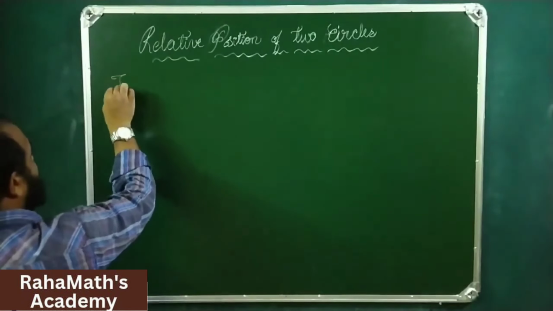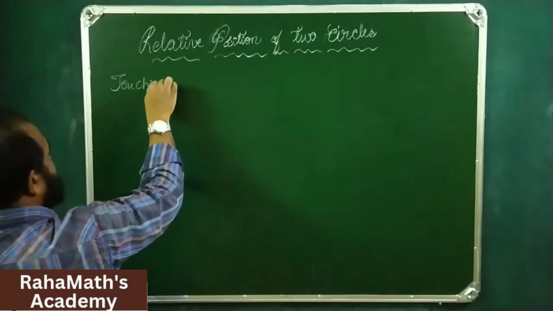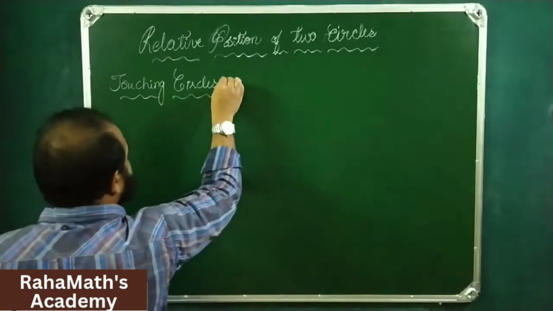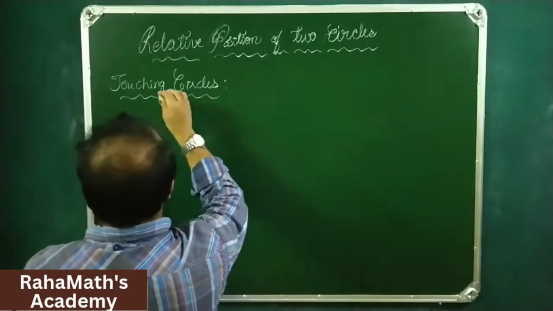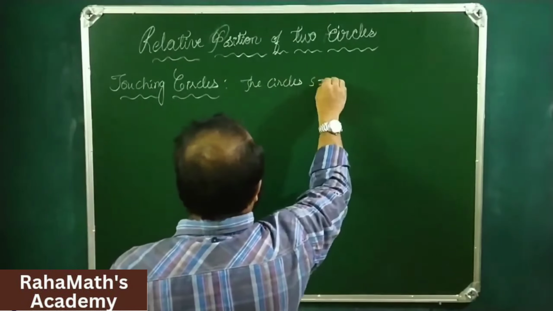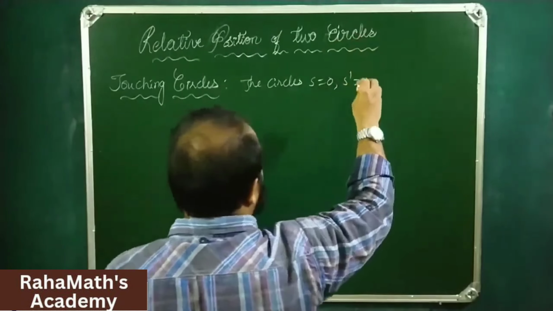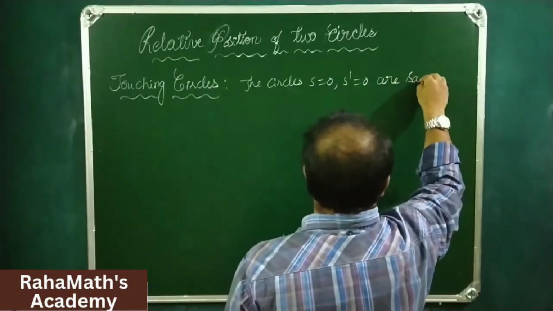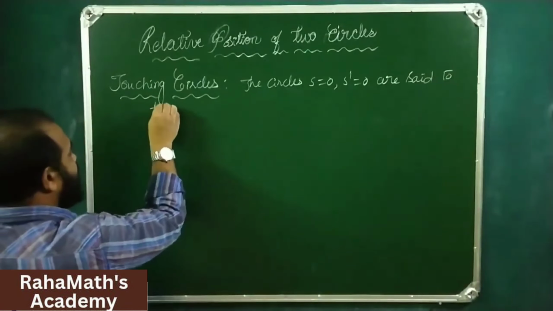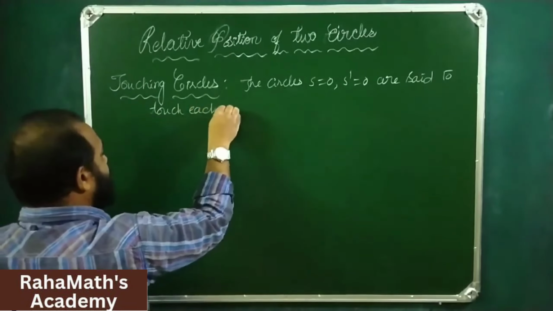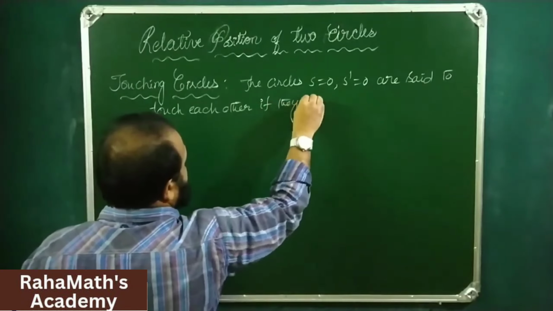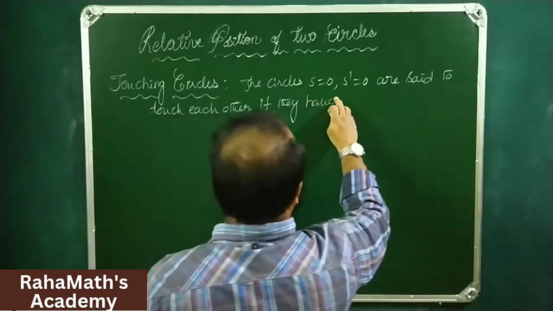So first of all, what are called touching circles? Two circles S = 0, S' = 0 are said to touch each other if they have a unique point in common.